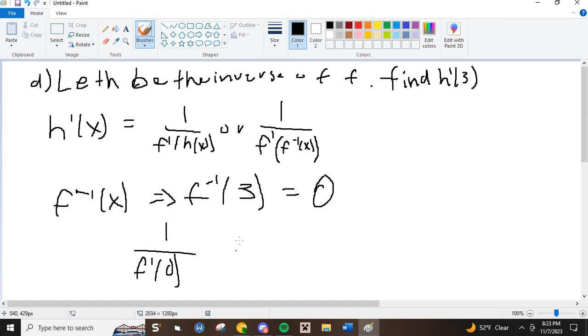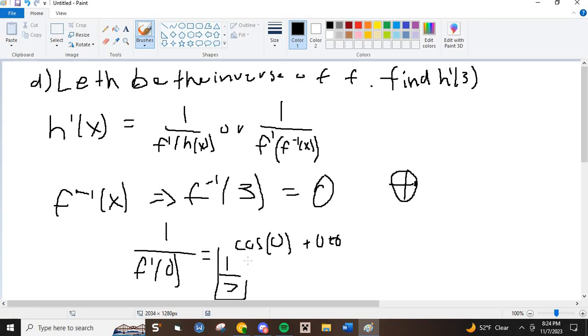Then f prime of 0 is just cosine of 0 plus 0 plus 6. And remember that cosine of 0 is this point here, which is 1. So this is 1 plus 6 equals 7. So this is 1 over 7. It's that simple.